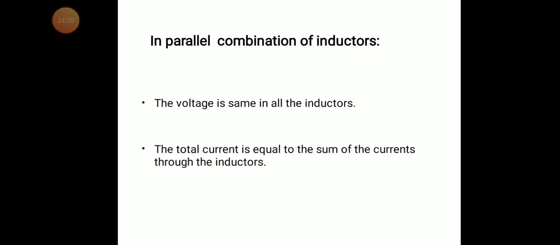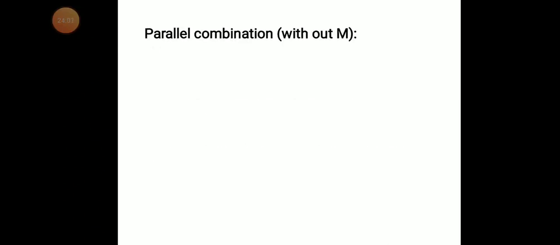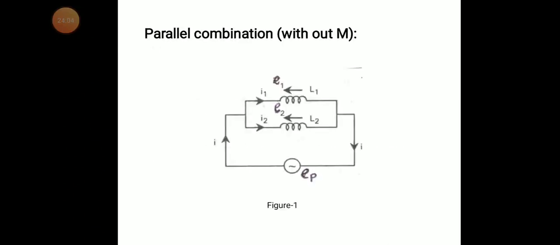So this is the main formula to calculate the parallel combination. You can see the parallel combination without mutual inductance. The supplied voltage we are applying is EP, the parallel voltage.